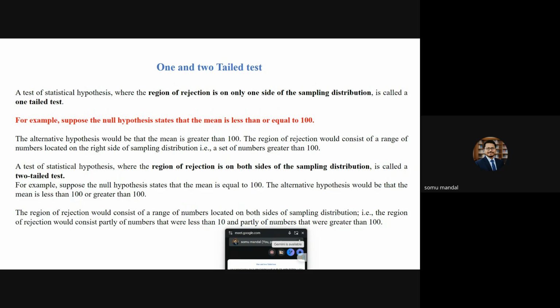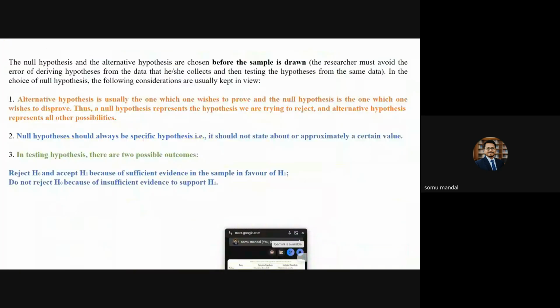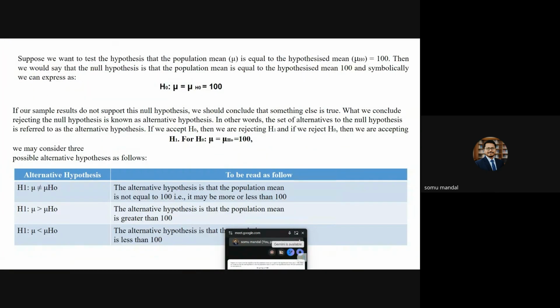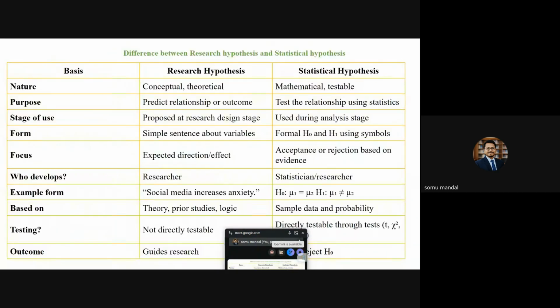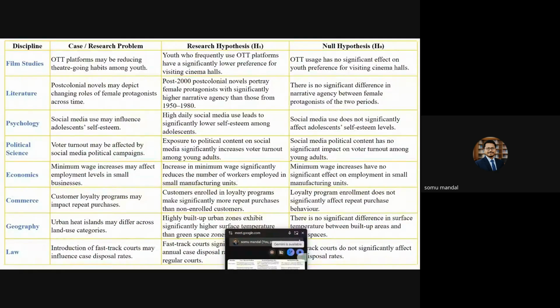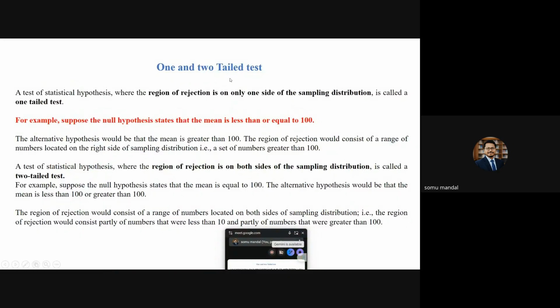So the alternative hypothesis may be of three types: not equal to, meaning there is a difference, or greater influence, or less influence. This alternative hypothesis indicates the type of test, maybe the one-tail test or the two-tail test.